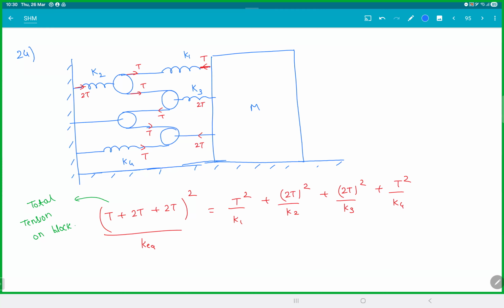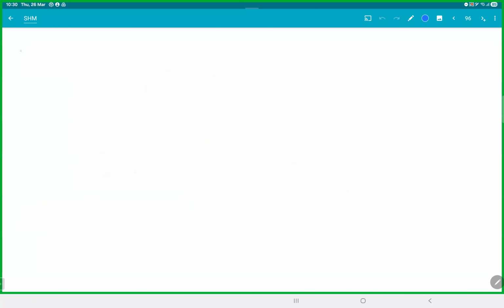Let's see one more question. Last one for the day. So every time you won't only get springs, you can get other stuff also. Let me show you a question where springs are not involved. We have an insulated container.